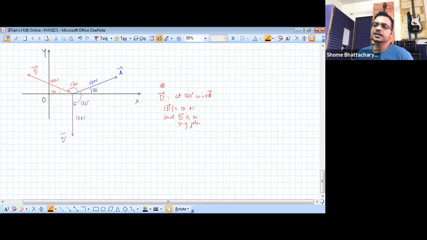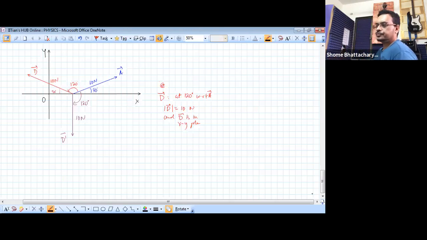If it is not in the xy plane, then there are infinite number of possible vectors which are making an angle of 120 with E, because then you are going outside the plane of the screen or the plane of the paper on which you are drawing. But within that plane, there are only two directions which are making 120 degrees with respect to E. Okay, but have you understood the point, Malvika? If you are restricted in a two-dimensional plane, then there are only two possibilities for each angle.